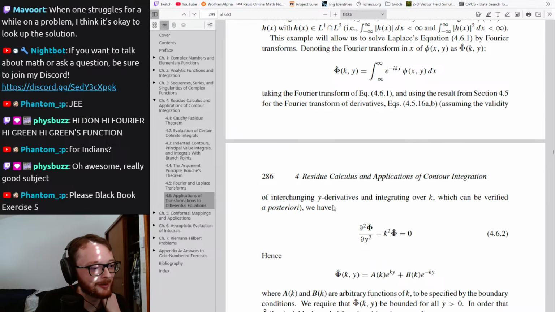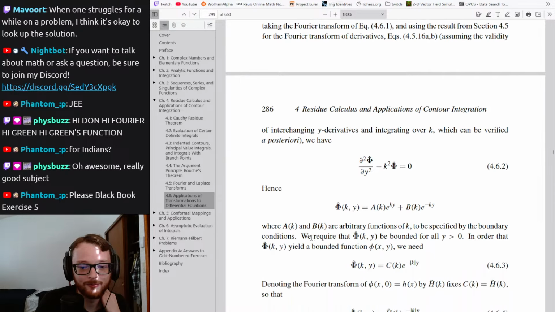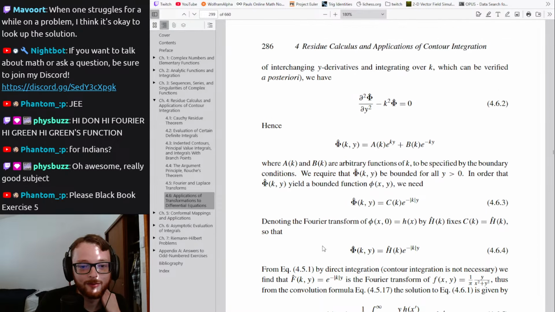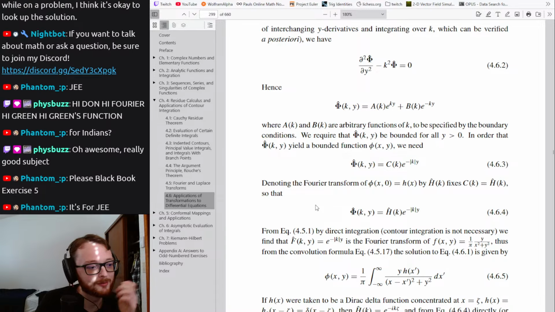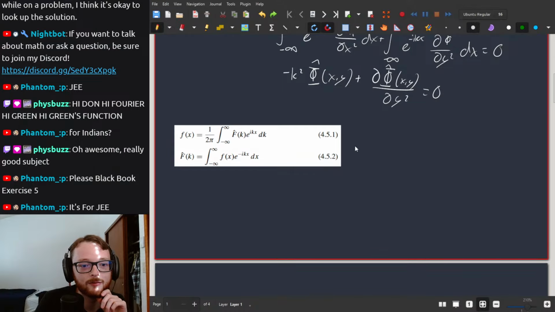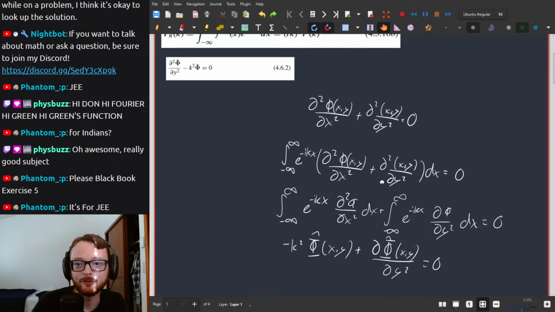Phantom, yeah, I'm sorry, I don't know what the black book is. I've basically only been introduced to PDEs during my degree, and that was like, oh god, like 7 years ago now. Yeah, Phantom, I'm sorry, I can't help with JEE. And we did do Laplace's equation.